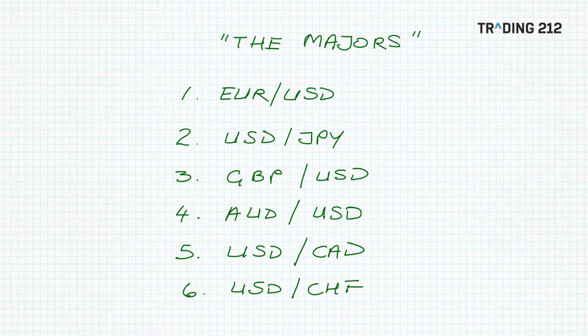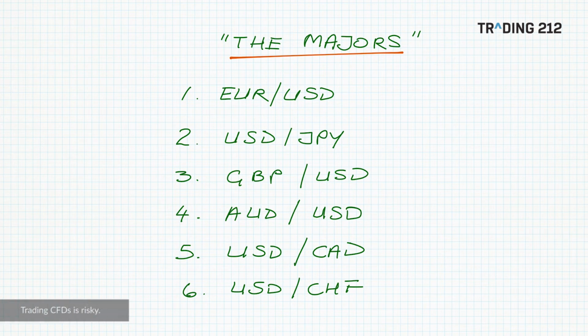Well, where we're going to pick up in this video is where we left off last time with the major currency pairs. So let's look at those. In the last video, I said these are what I consider to be the majors, but I should point out that there is no definitive list of the major currency pairs. Some people say that there should be a seventh pair on the list, which is the New Zealand dollar against the US dollar.